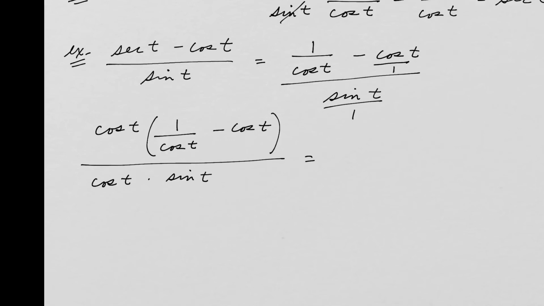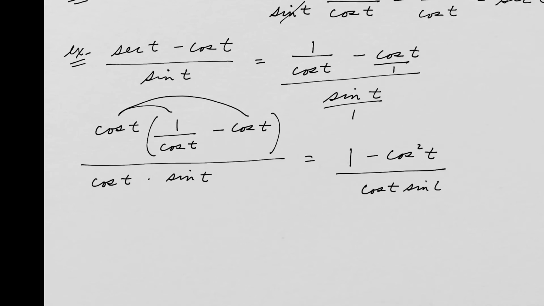Okay, so let's do this. If I distribute, cosine of t times 1 over cosine of t is just 1. Cosine of t times minus cosine of t is minus cosine squared of t. And in the bottom I have cosine of t times sine of t. You can't really do much more than that. But what is 1 minus cosine squared of t?